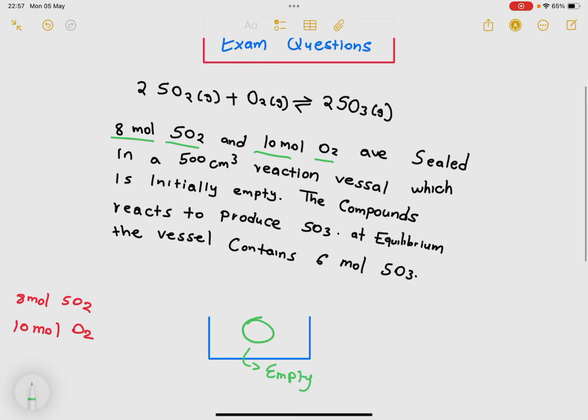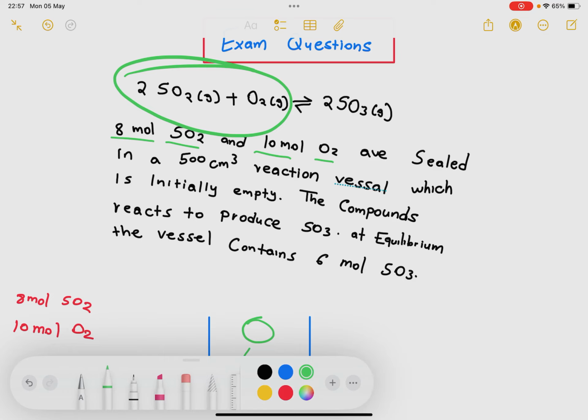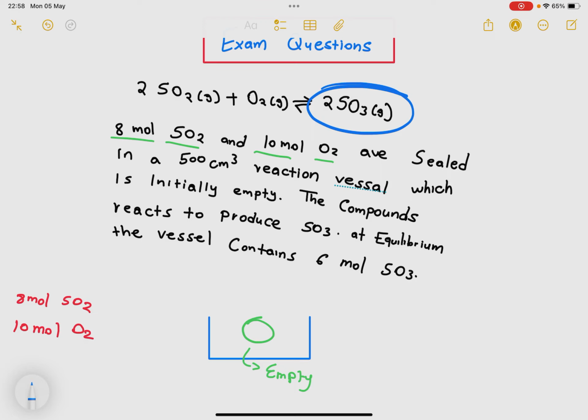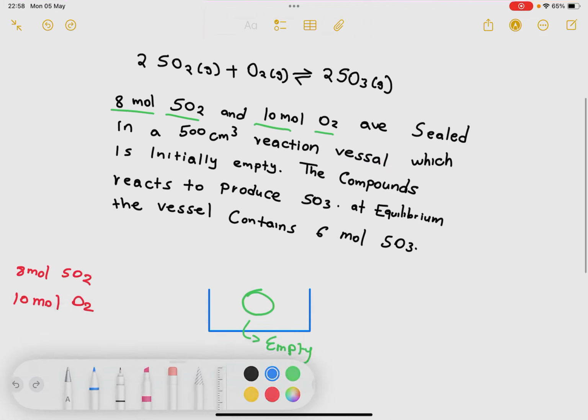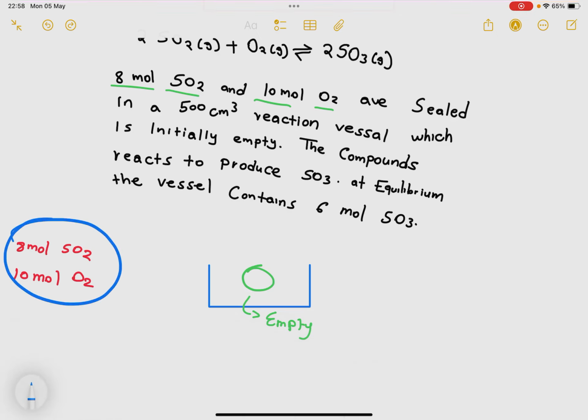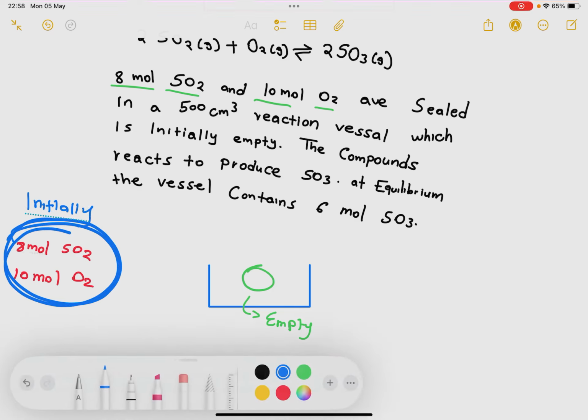Now, if we look at our diagram, what is our product? If we are focusing on the forward reaction, your product is SO3. So I want to interpret it like this: initially, this is before the reaction. But do we have the product initially? No. You don't start cooking your pap and already have pap.